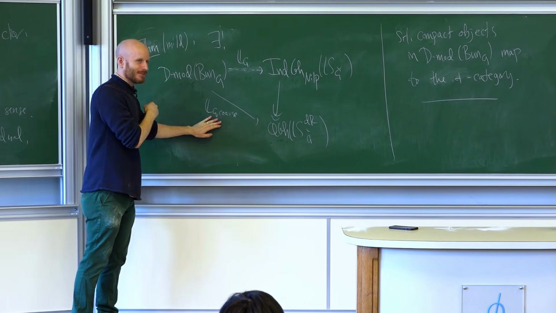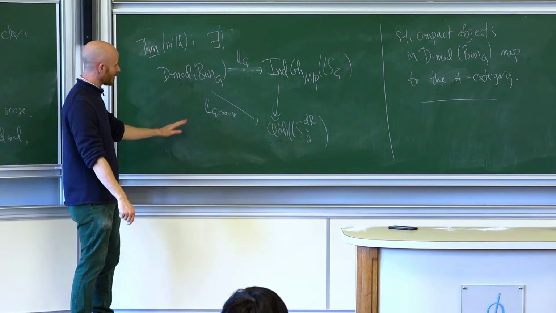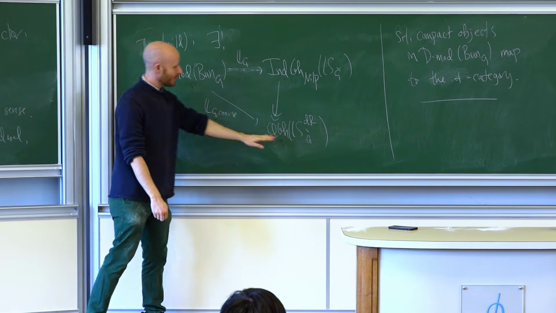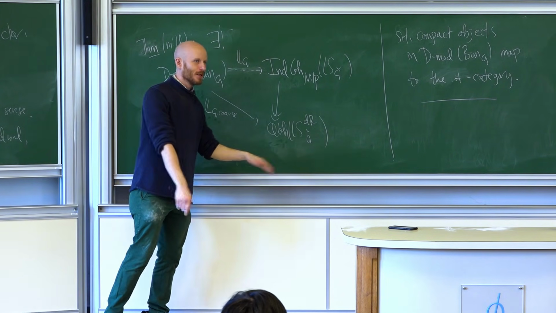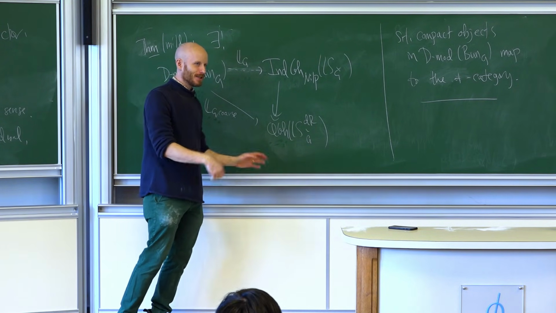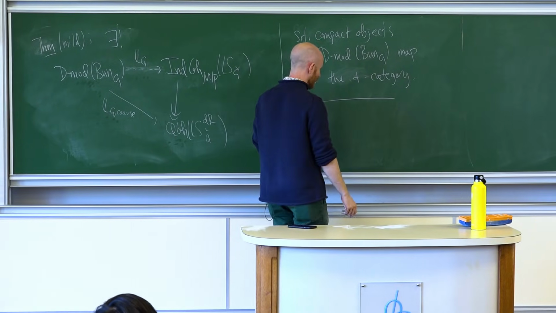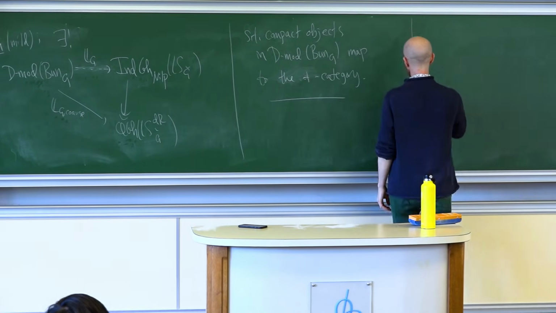We didn't need anything else. This LG course was enough to characterize the geometric Langlands equivalence by itself. Now what geometric Langlands should say is that compact objects here map to this co-nilp isomorphically. But I don't want to just deal with small objects, because then I can't do all my functors and I can't prove all my theorems. So I'm rephrasing it this way instead, and it does have some content.